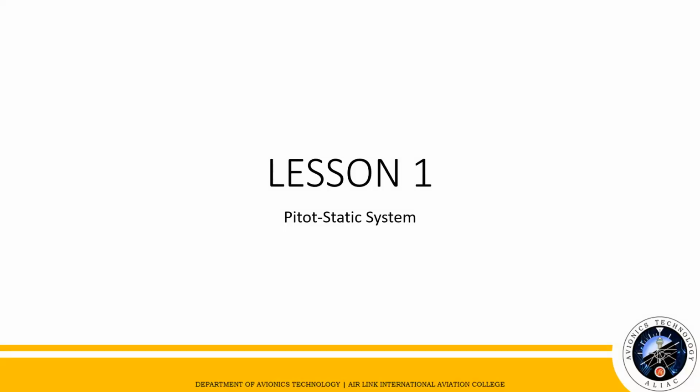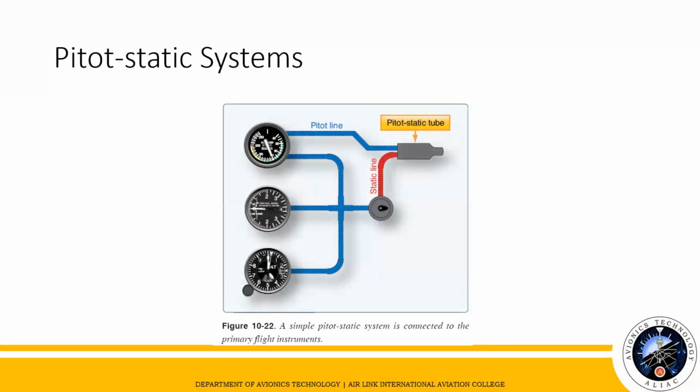So, sa mga simple aircraft, this may consist of a pitot-static system head, or pitot tube. Kaya kung nakikita nyo dito sa may image na to, ayan, yung example ng pitot-static tube.